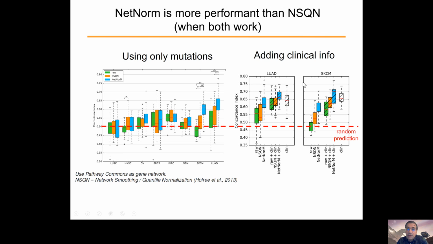Also, what was interesting is that we tried to combine this mutational data with clinical data to predict the survival. I already mentioned that we have certain clinical information such as tumor stage and tumor grade, and we can also use this information to improve our prediction.